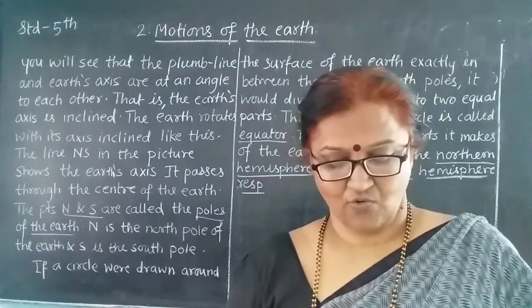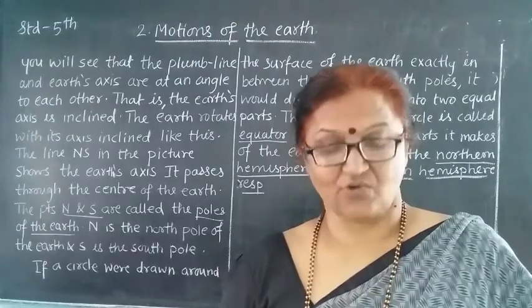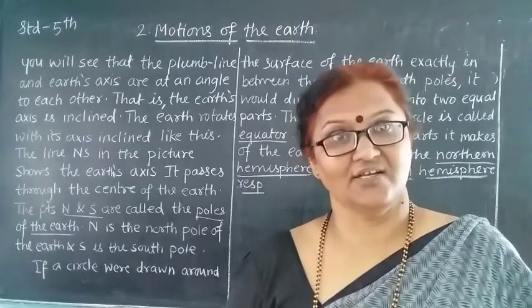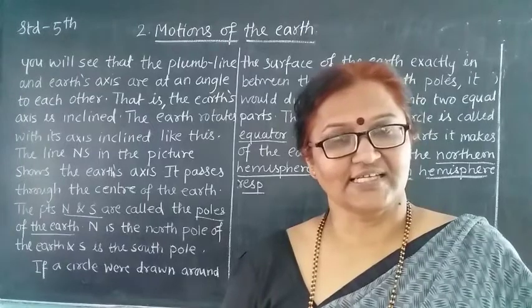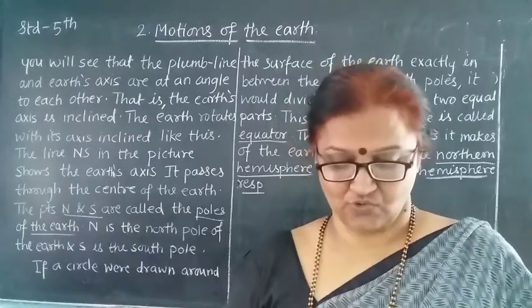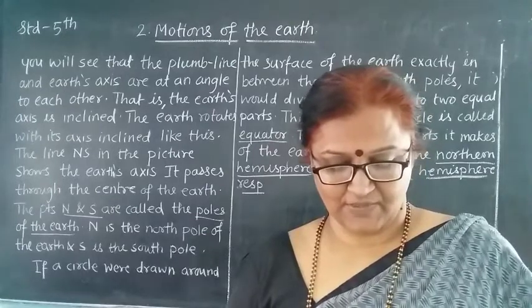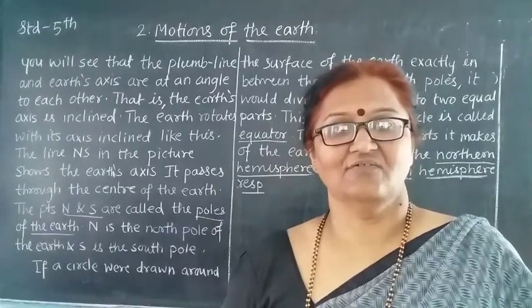This is how the earth revolves around the sun as it rotates around itself. That means it revolves around the sun and it rotates around itself on its own axis. The period of time the earth takes to complete one revolution round the sun is called a year.